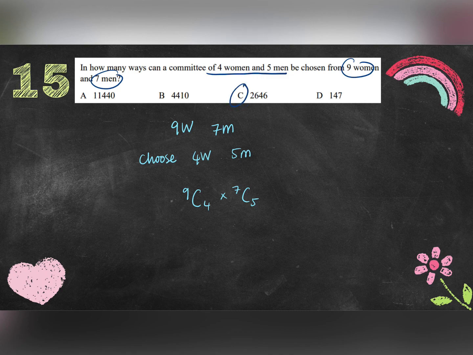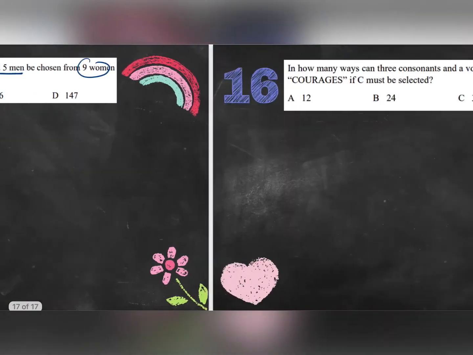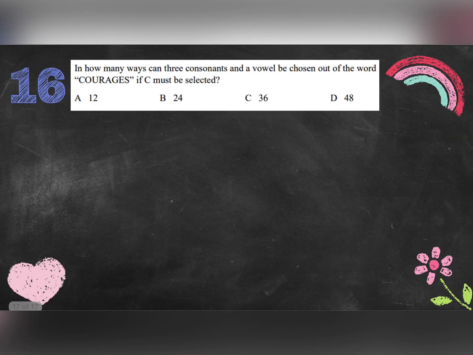Okay, and finally the final question. 16. How many ways can 3 consonants and a vowel be chosen out of the word courage if C must be selected? Okay, courage. So 1, 2, 3, 4, 5, 6, 7, 8. Kita ada 8.